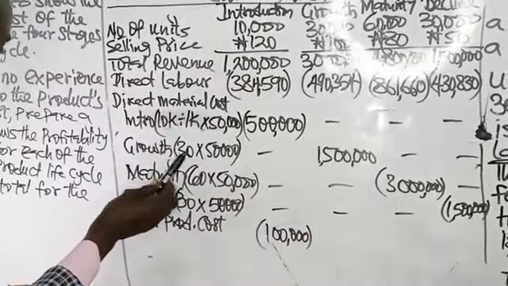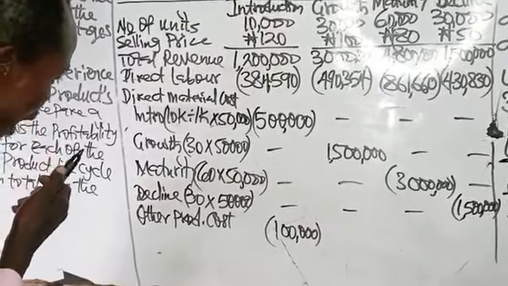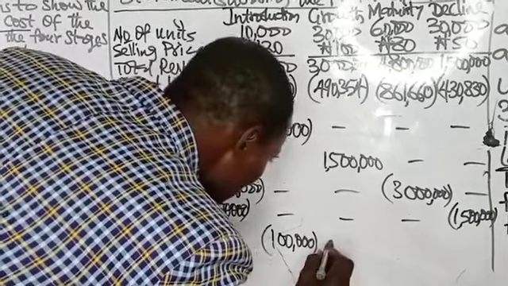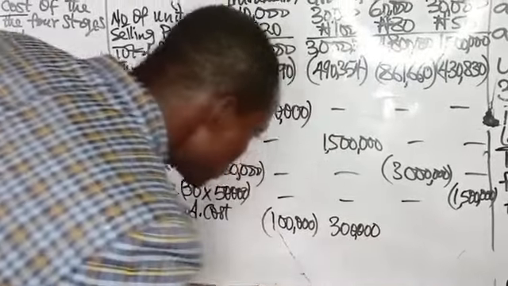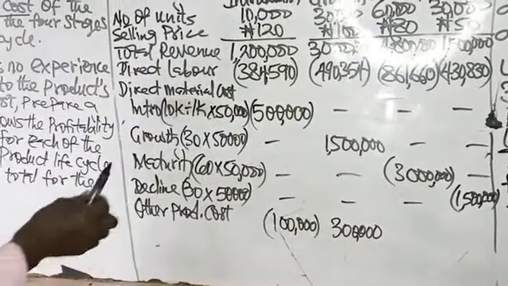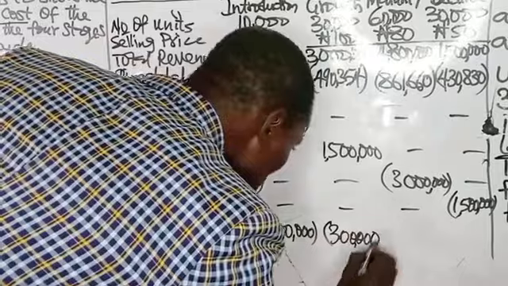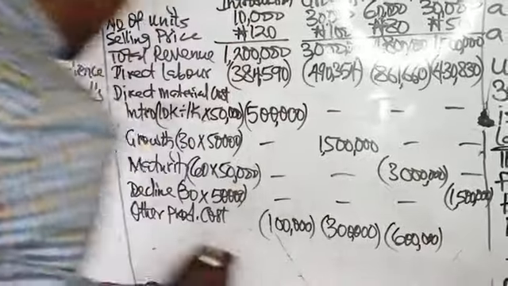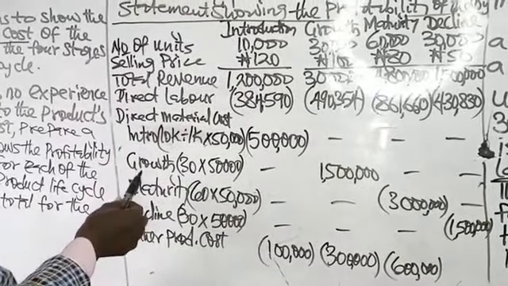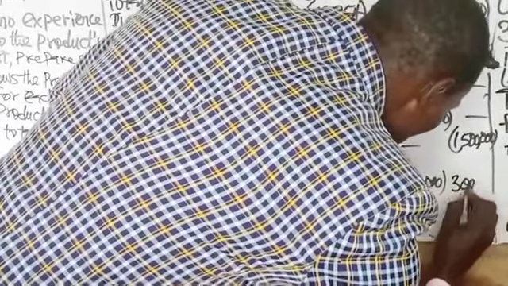Then at the growth stage, 30 batches times 10,000, that will be 300,000. Then at the maturity stage, 60 batches times 10,000, that will be 600,000. Finally, at the decline stage, we have 30 batches times 10,000, that will be 300,000.